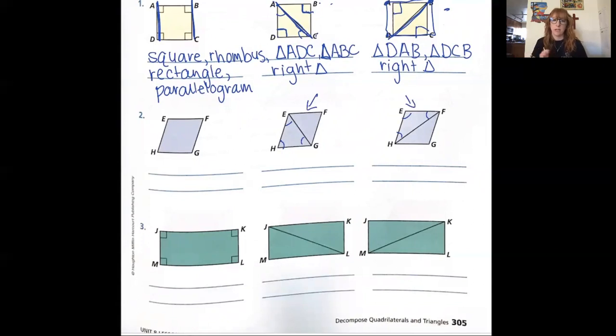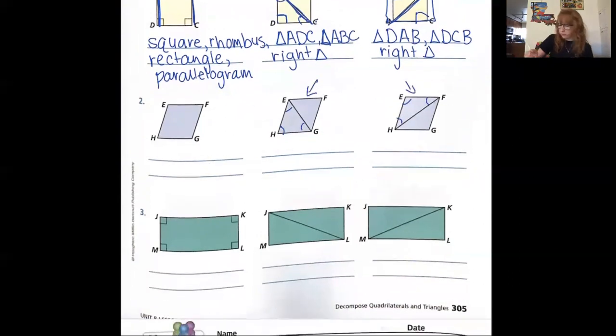Just double check your diagonal again and make sure that you understand when we have one obtuse angle, we have an obtuse triangle. When we have 3 acute angles, we have an acute triangle. And 1 right angle makes a right triangle.